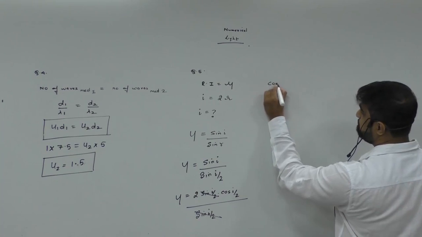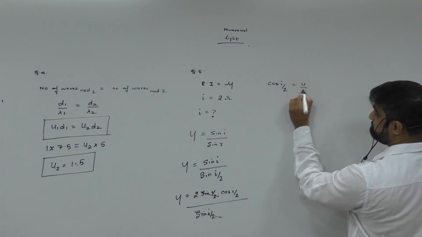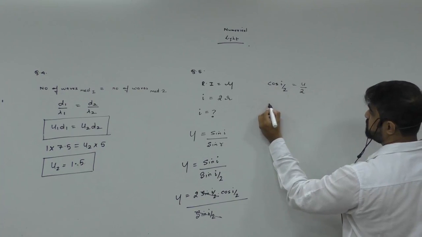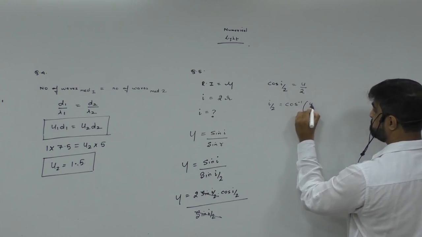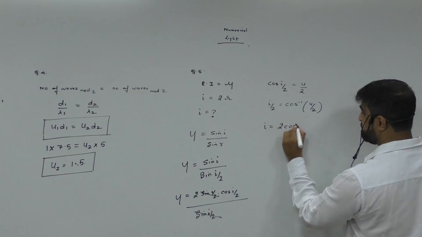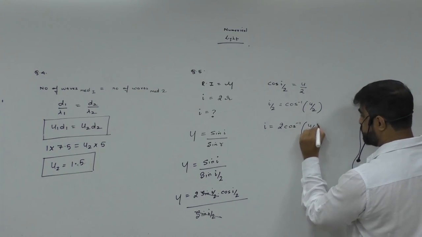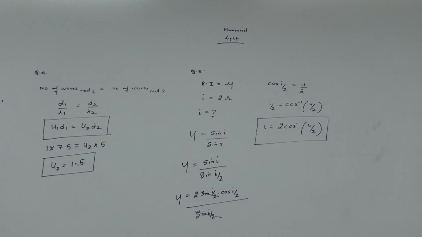Cos I by 2 is mu by 2. So I by 2 will become cos inverse of mu by 2. So I is going to become 2 cos inverse mu by 2. This is I in terms of mu.